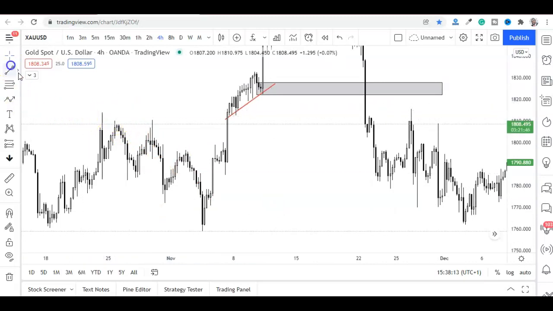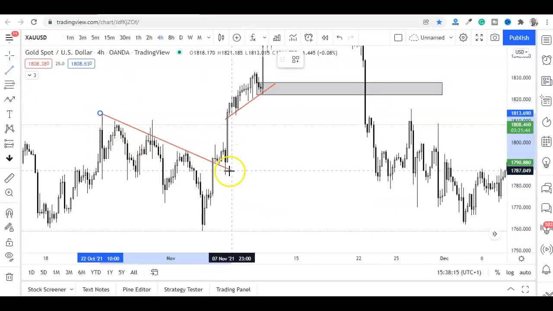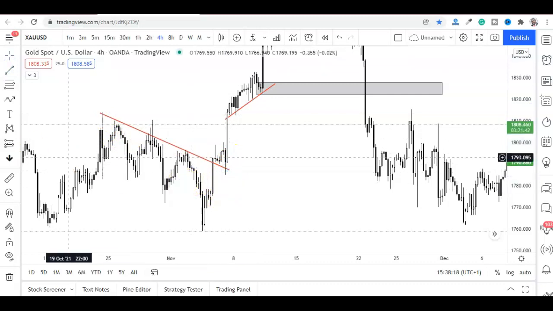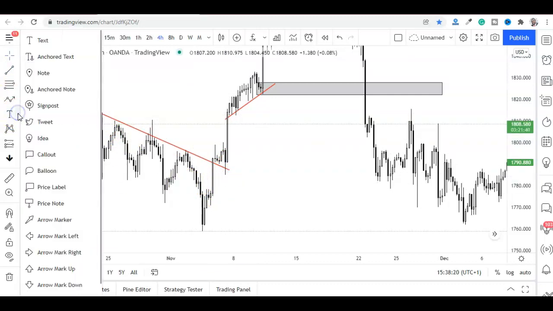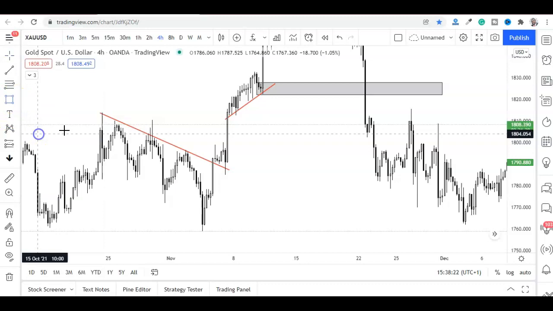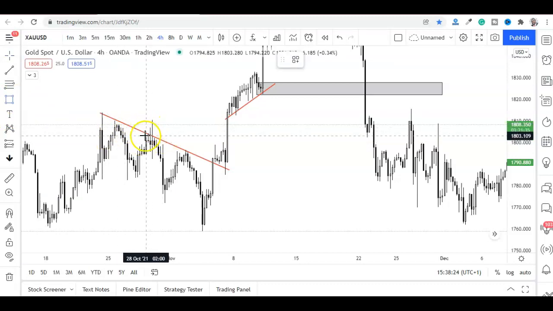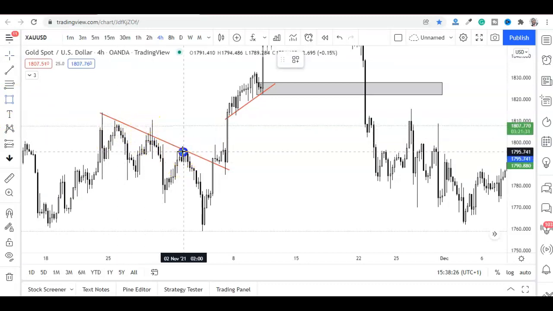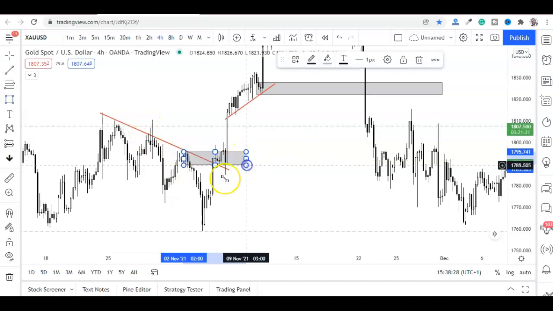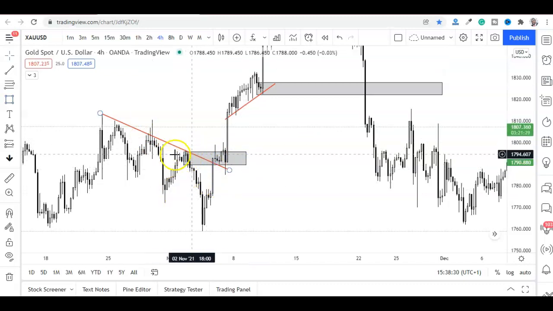Also on your way up here, you can see these are pools of liquidity. If you are to trade these order blocks, the last bullish, you can see that it was not respected because it is at the area of a liquidity pool.